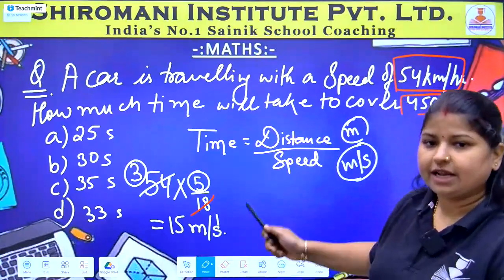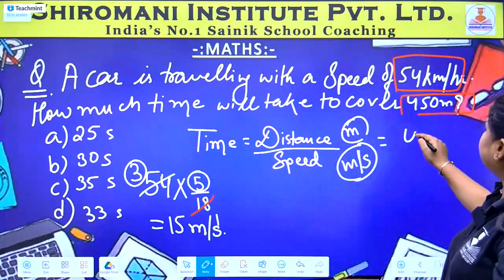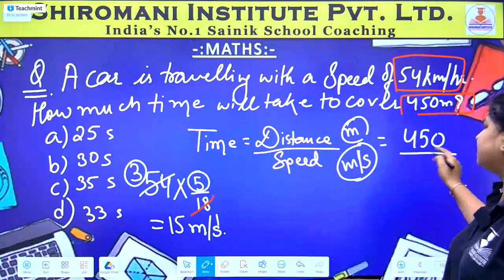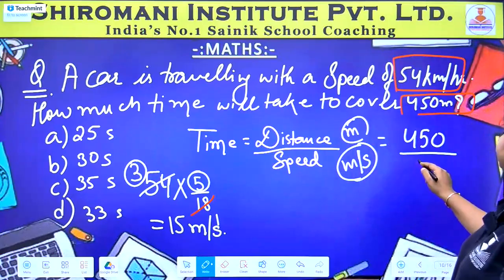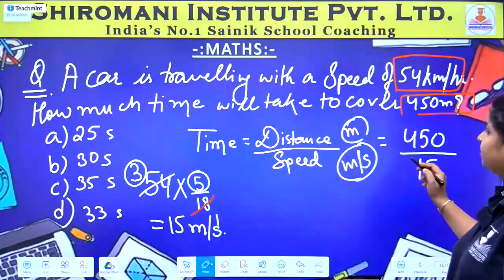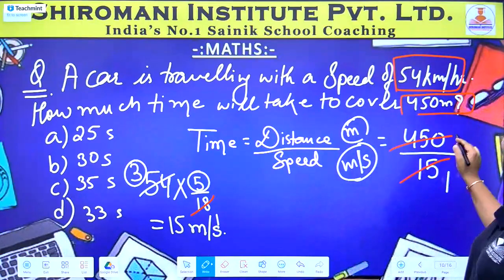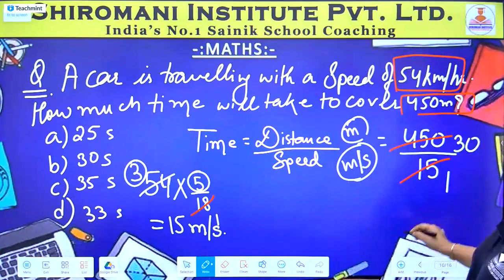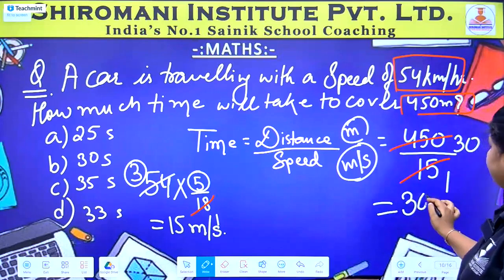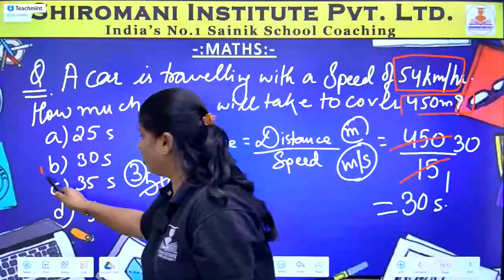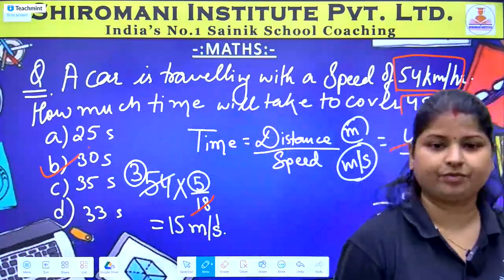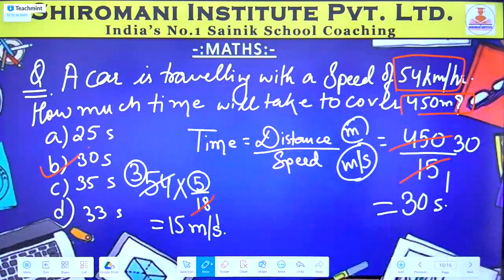I got 15. Now the distance is in meter and speed is also in meter per second, so I will get my answer in seconds. 15 ones are 15 and 15 twos are 30, 450. 30 seconds is my answer. That is option B.